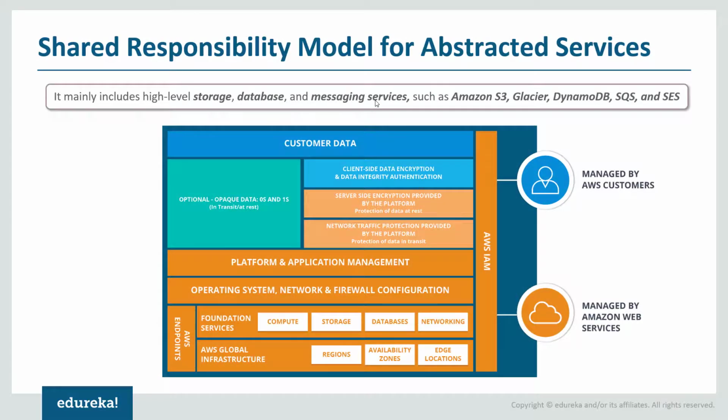Then the third type of service that we need to consider is abstracted service, where as a customer, I only need to take care of client-side encryption, data integrity authentication, and only data. Remaining everything like server-side encryption, network traffic protection, platform, application management, operating system, and the underlying hardware, physical resources, everything is taken care of by Amazon.